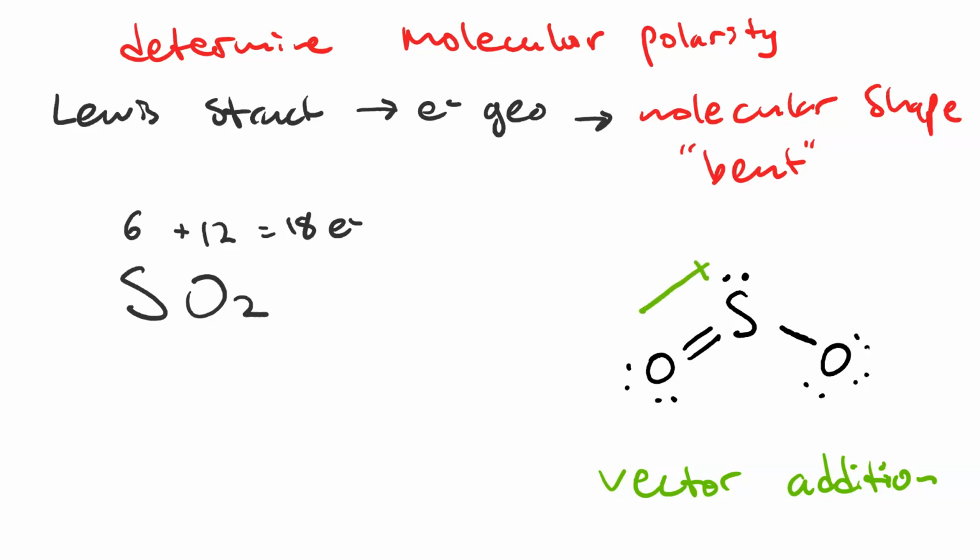Sulfur is less electronegative than oxygen, so these green arrows represent our bond dipoles. Now, when you add vectors, you take the tip of the first one and add it to the tail of the second one, and then you connect the tail of the first one to the tip of the second one, and that vector that's produced is your overall vector.